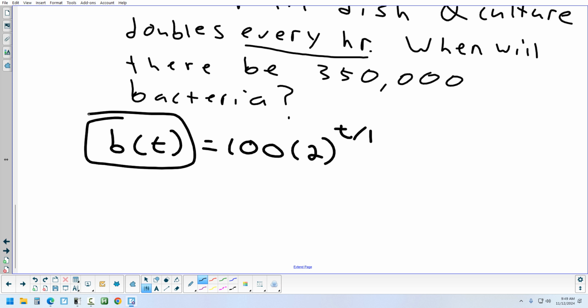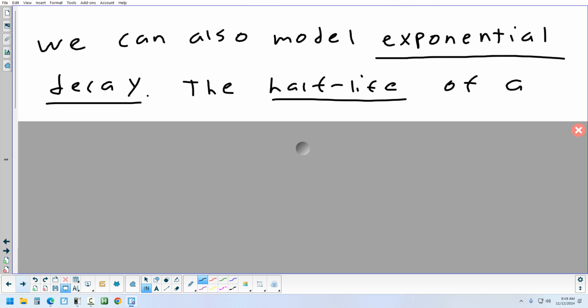Okay, so that's doubling. The last form you're going to look at is the opposite of doubling. What would that be? Halving. Oh, so it's half-life. Yep.